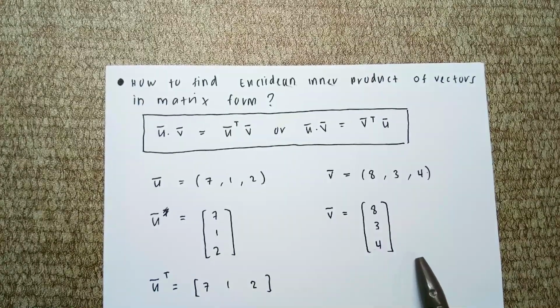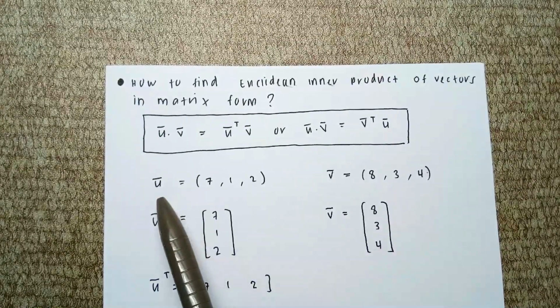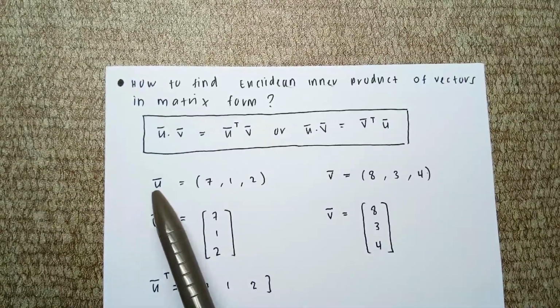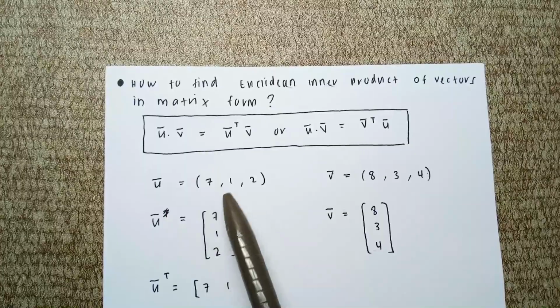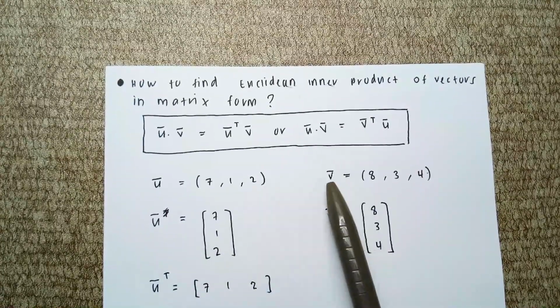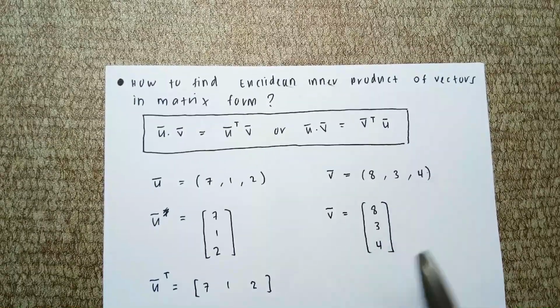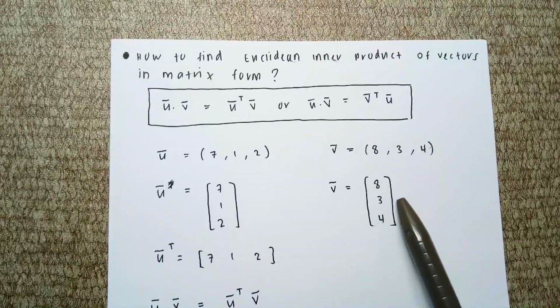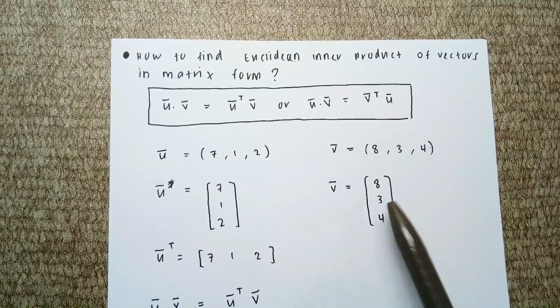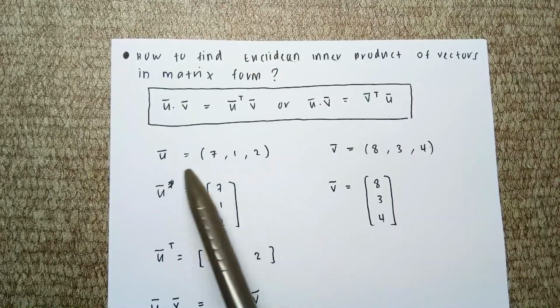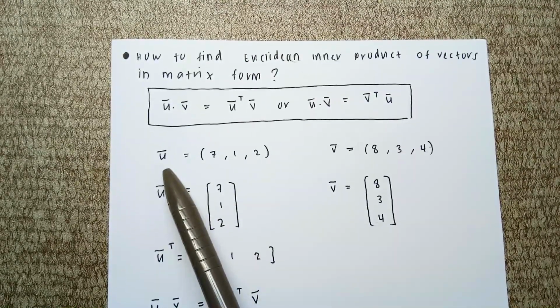So here is an example of two vectors that we have. First, u bar equals 7, 1, 2. V bar equals 8, 3, 4. Our very first step is we have to change the vectors into matrix form.